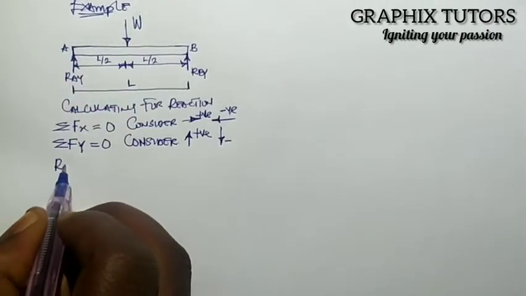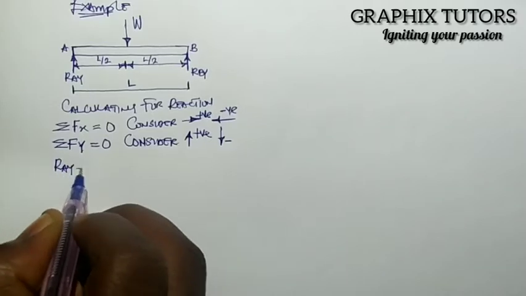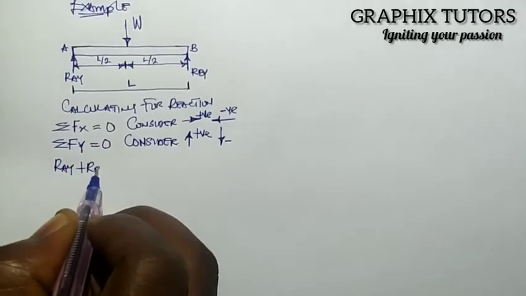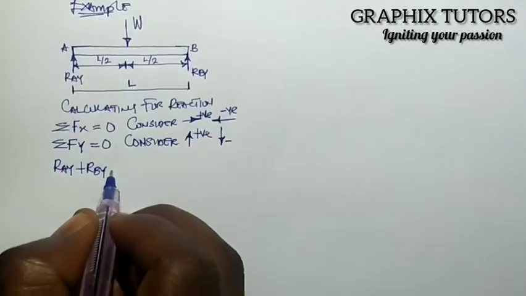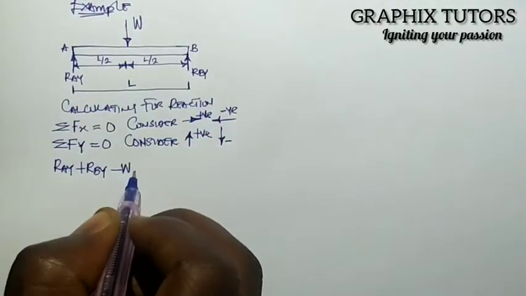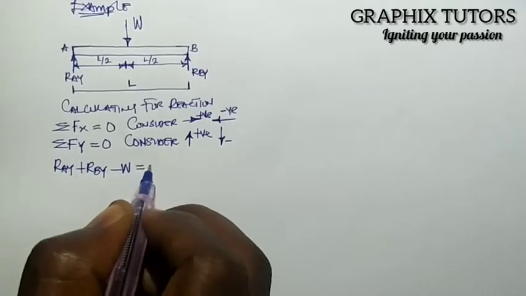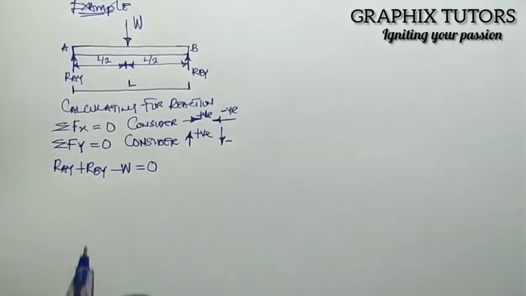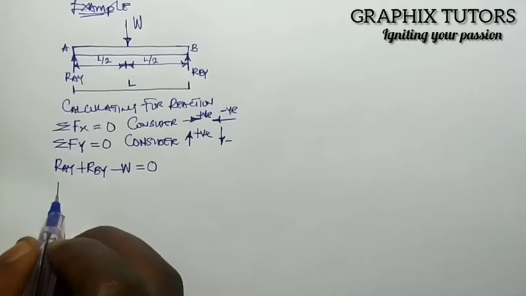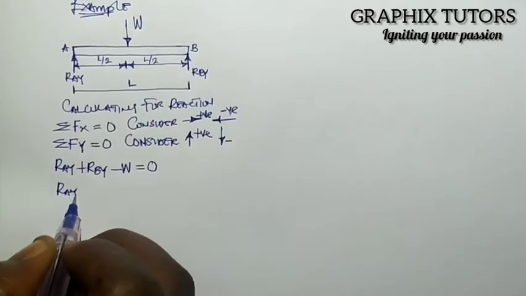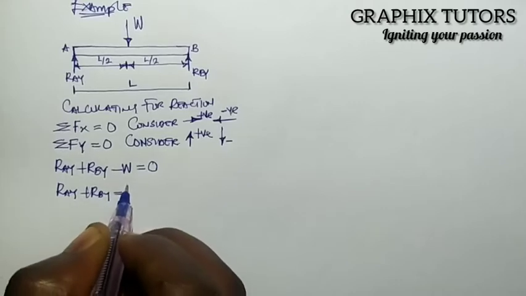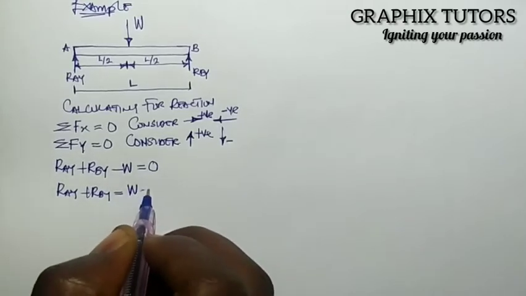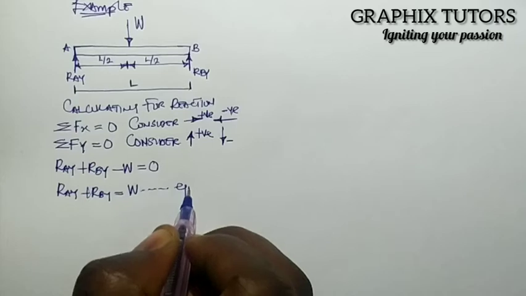So we have RAY plus RBY, and the downward force is W, which is negative W because it's facing down, equals 0. So in this case, RAY plus RBY equals W. I will term this equation 1.